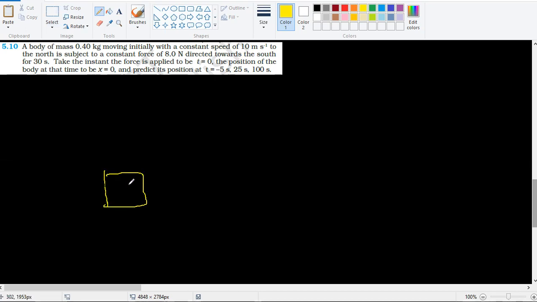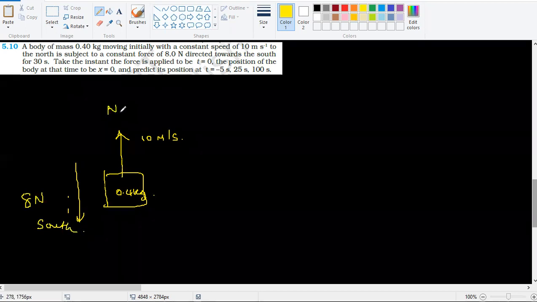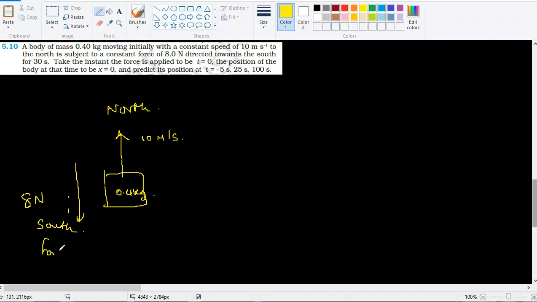The body of mass 0.4 kg is going initially at constant speed towards the north. It's moving with a constant speed of 10 meter per second north, and is subject to constant force of 8 Newton towards the south, for 30 seconds.